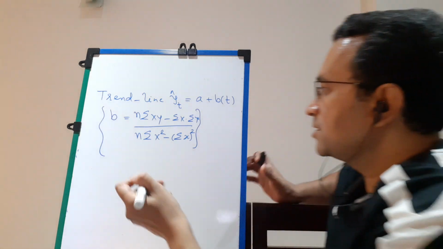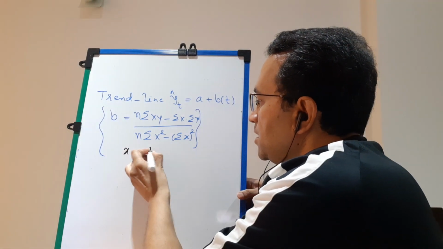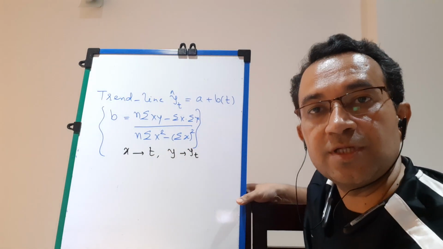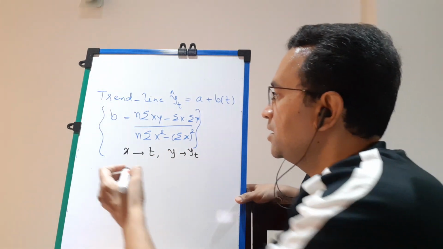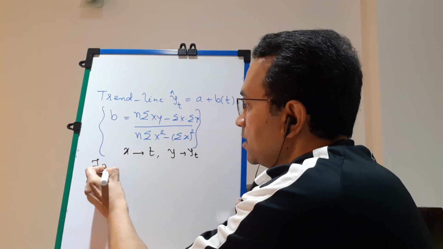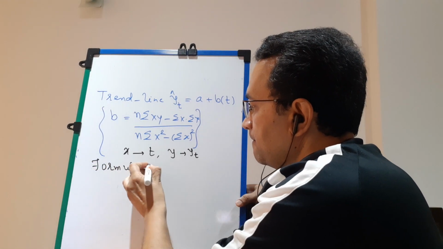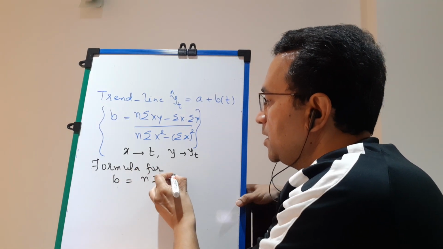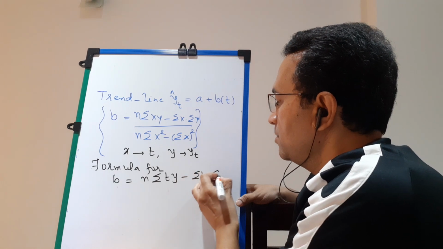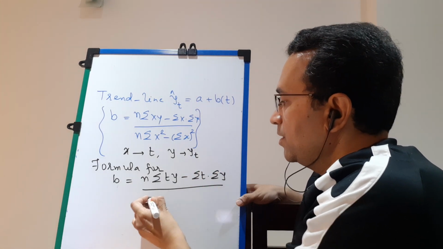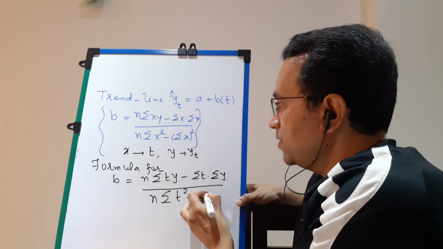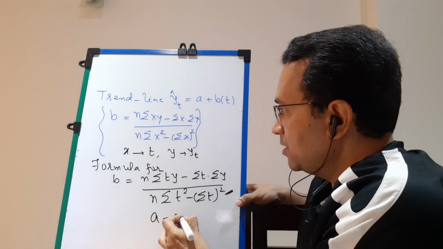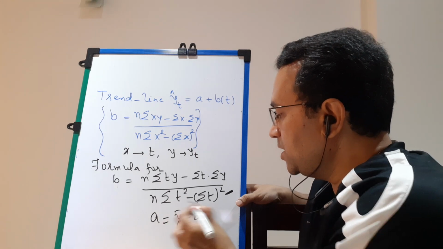Now replace x by t and y by yt, because in time series the dependent variable is yt. So the formula for b is n sigma ty minus sigma t into sigma y upon n sigma t square minus sigma t the whole square, and a is equal to y bar minus b t bar.